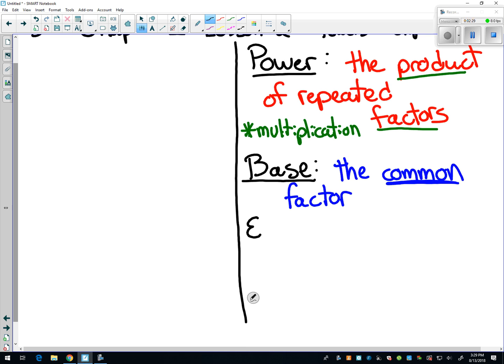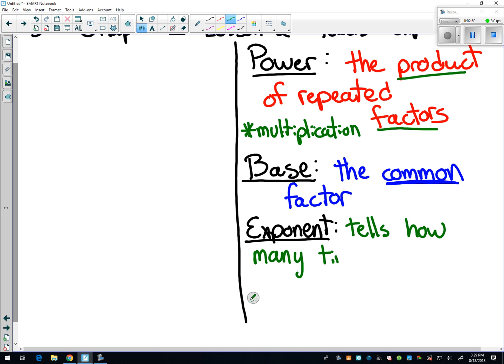An exponent, which you may have seen before, is something that tells how many times the base is used as a factor.